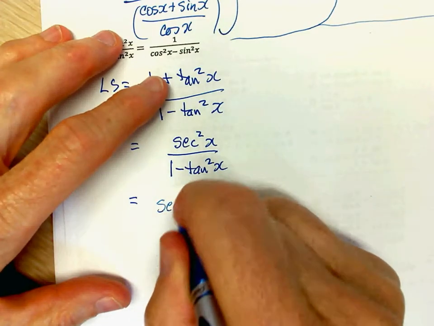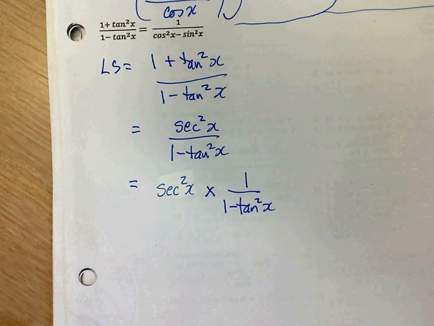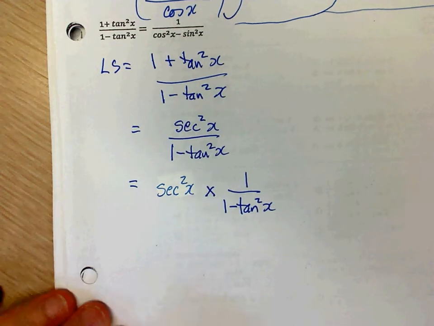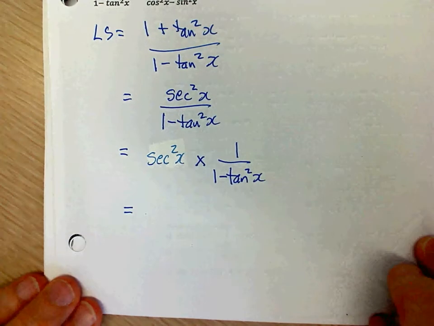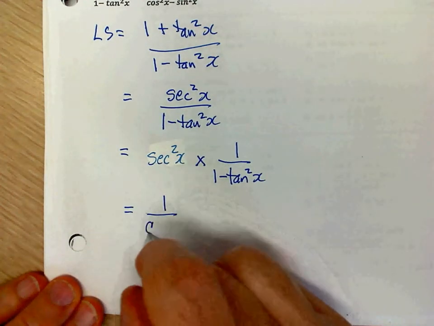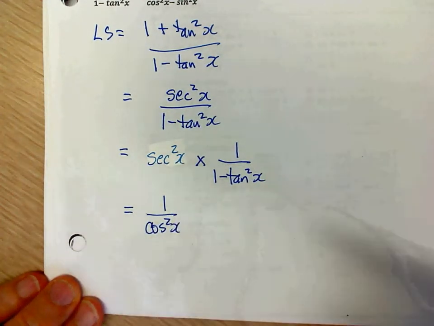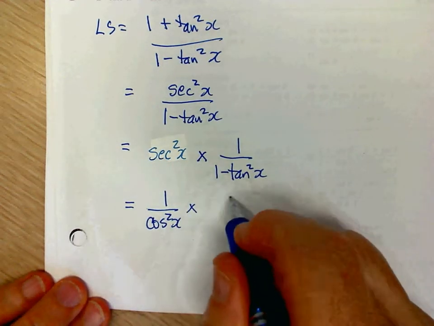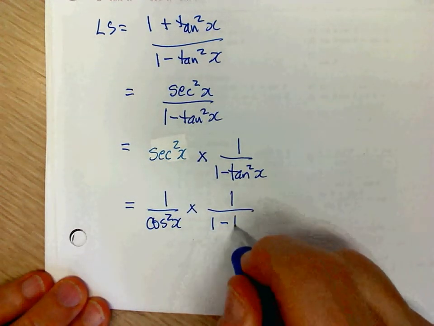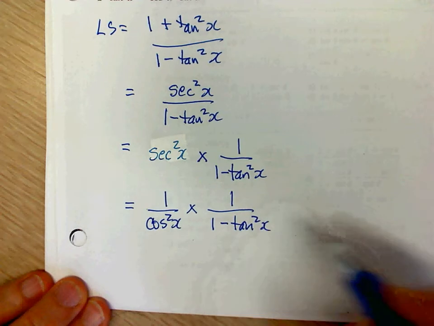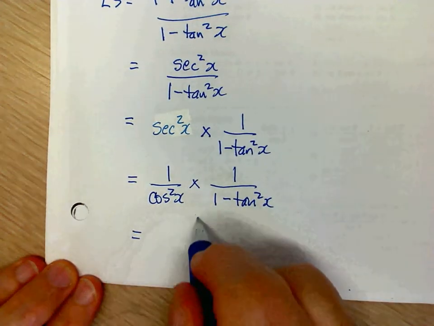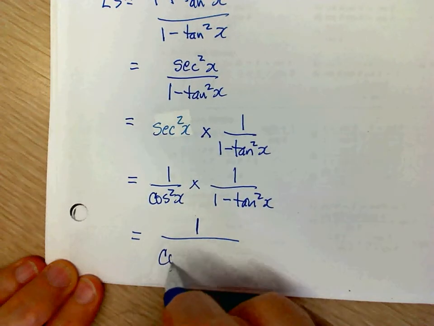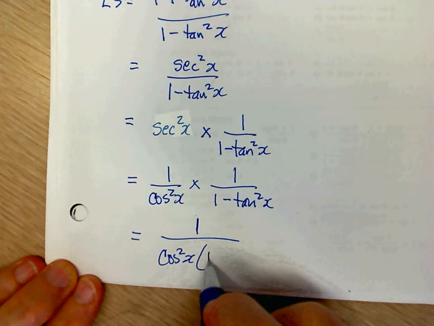What does secant squared x equal? 1 over cos squared x. Yes, perfect. So far, so good? So this is 1 over cos squared x times 1 minus tan squared x.